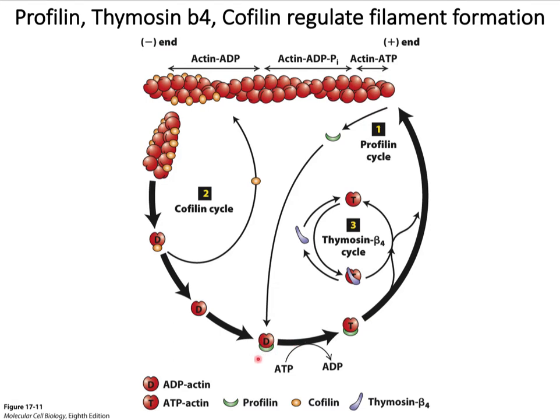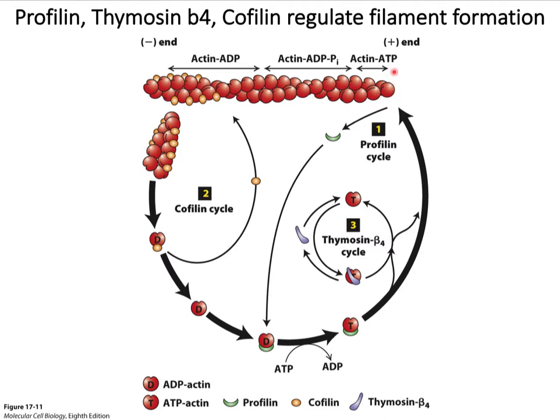When profilin binds to this actin monomer, it changes the shape of the G-actin monomer such that the cleft that is holding the nucleotide ADP opens up a little bit and you get diffusion of ADP out of the cleft. Since ATP concentration is fairly high inside the cells, you get ATP diffusing into the cleft, and you end up with an ATP-bound G-actin monomer, which can then be incorporated into the growing filament.